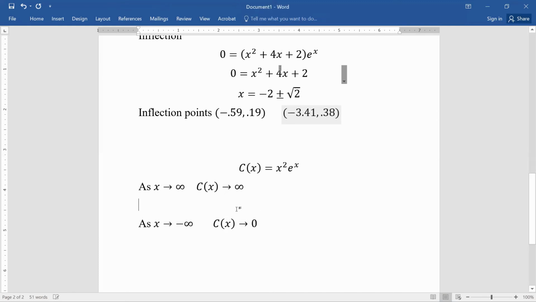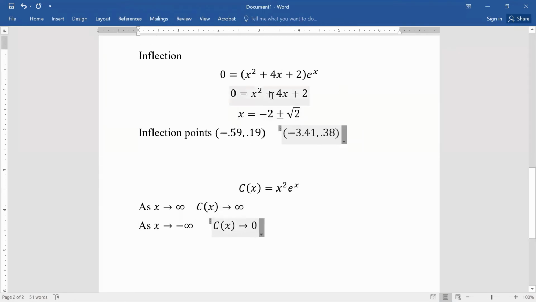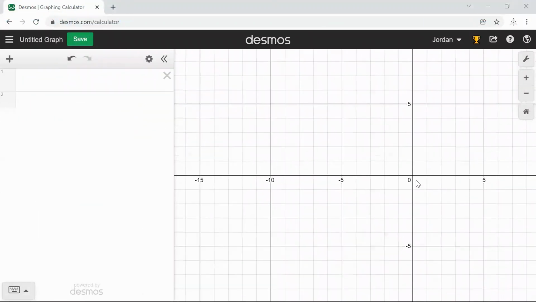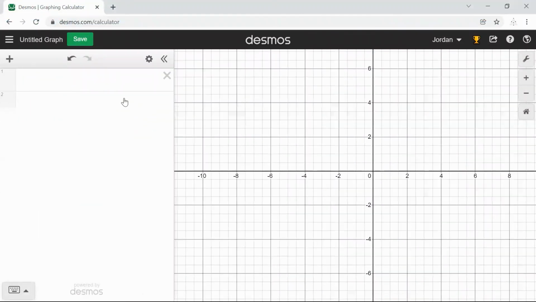Now we have all of the components we need to sketch the curve of this graph. I don't know what scale on this graph is going to be the best, so let me just start plotting some points. We have two critical points. One of them is the point 0, 0, that's the origin.